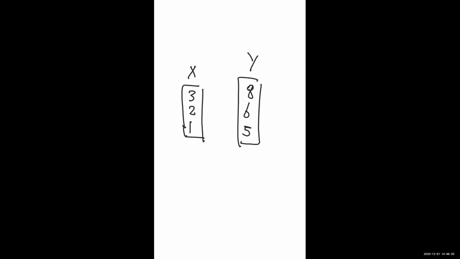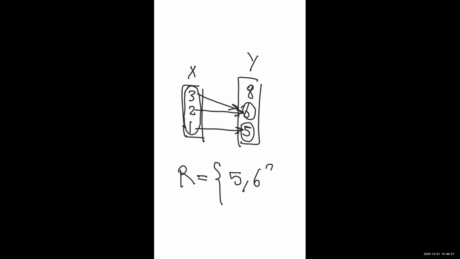If there is one arrow from 1 to 5 and from 2 to 6 and 3 to 6, in this case we said that this one is a function, because all elements in x only have one arrow to y, or only have one image in y, or appear only one time as a first projection in the ordered pairs. So now the range will equal the set of 5 and 6. 6 here is repeated, but we have to write it only one time. So 5 and 6 only.